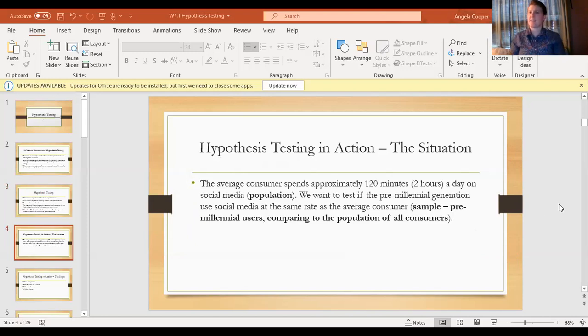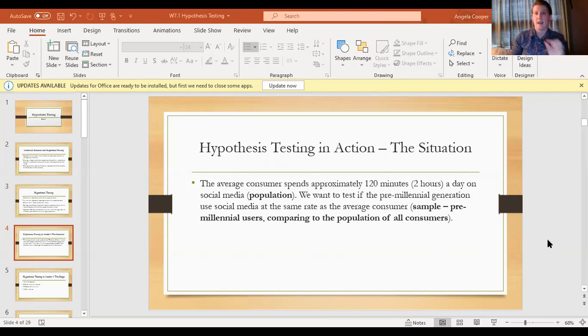So here we go. Let's take an easy example. We'll work more with this later, but for now, let's just see the steps. First, the average consumer spends approximately 2 hours a day on social media. This is the population. It's just saying the average consumer. We're not really sure exactly who it's talking about, just the general public, essentially. We want to test if the premillennial generation, Generation Z, uses social media at the same rate as the average consumer.